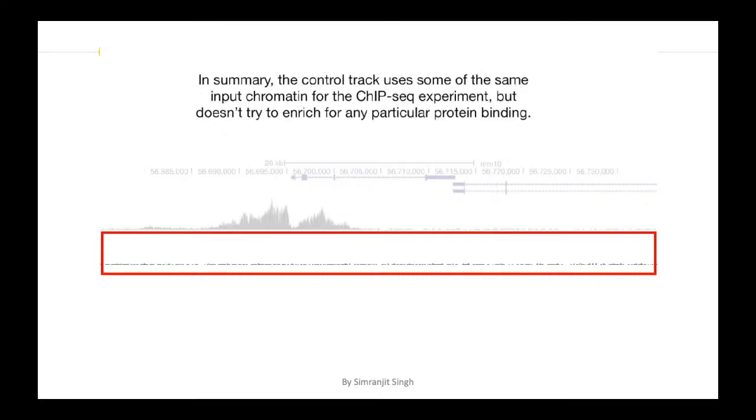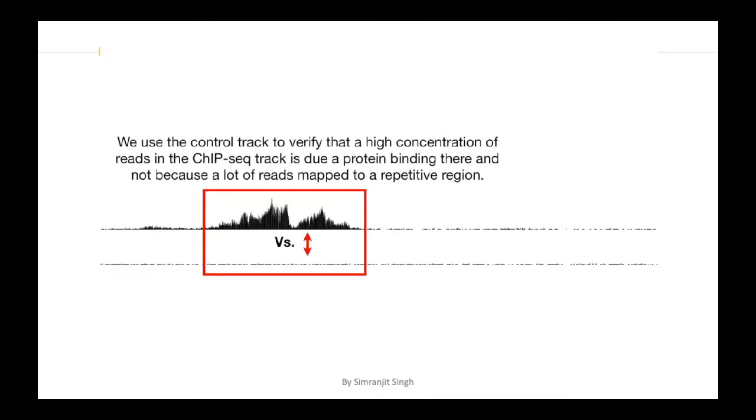In summary, the control track uses some of the same input chromatin for the ChIP-seq experiment, but doesn't try to enrich for any particular protein binding. We use the control track to verify that a high concentration of reads in the ChIP-seq track is due to a protein binding there, and not because a lot of reads map to a repetitive region.